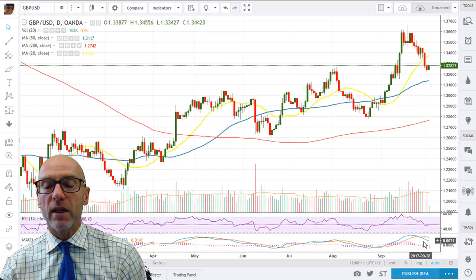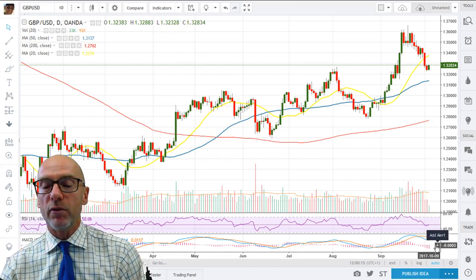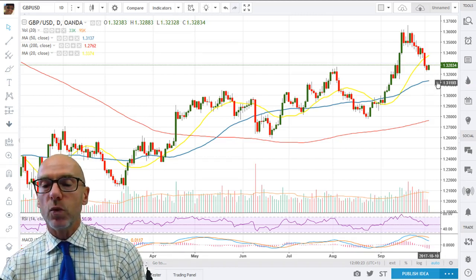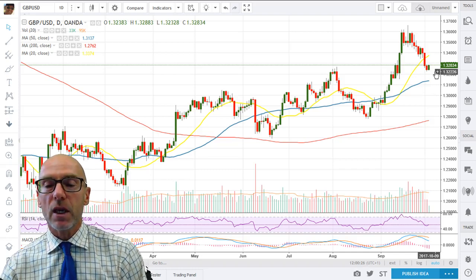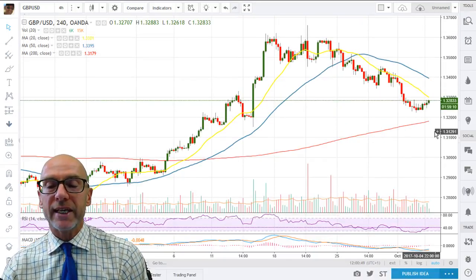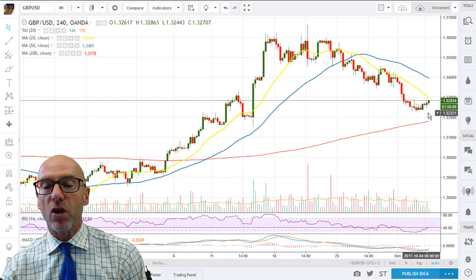MACD as well, the short term is below the long term, although they are both above 0. On this chart, the 50-day should give the support, 131.37.